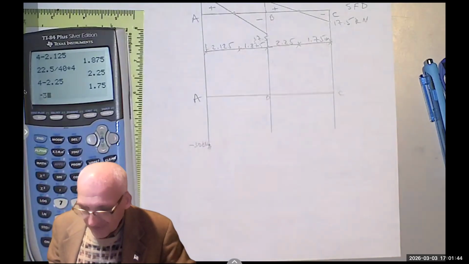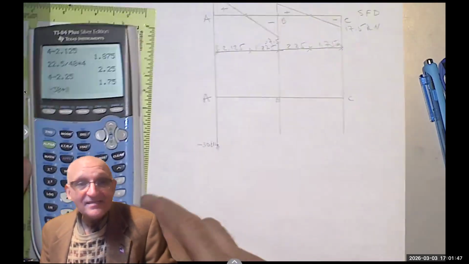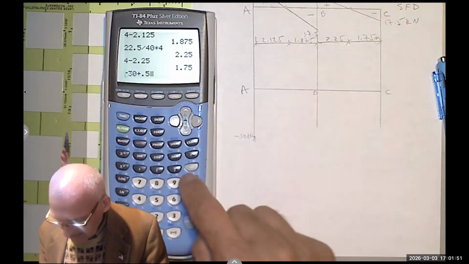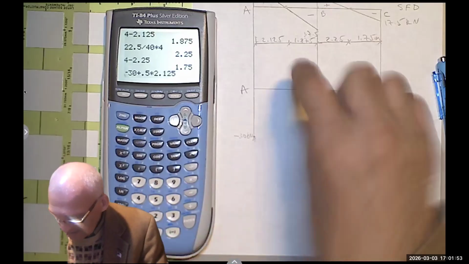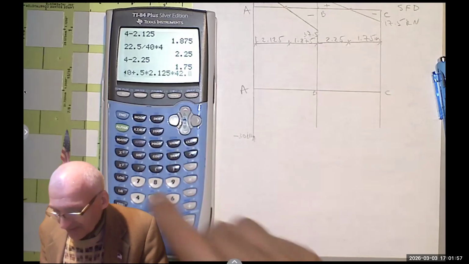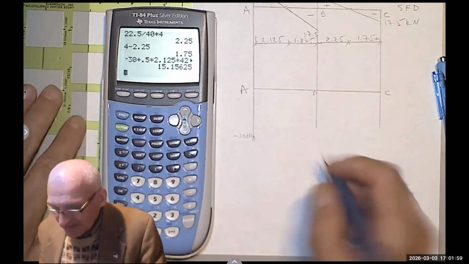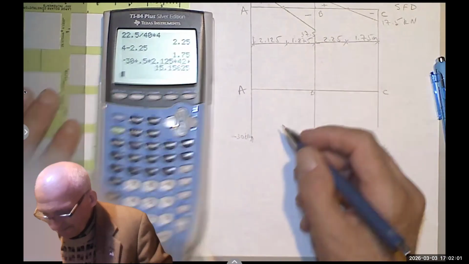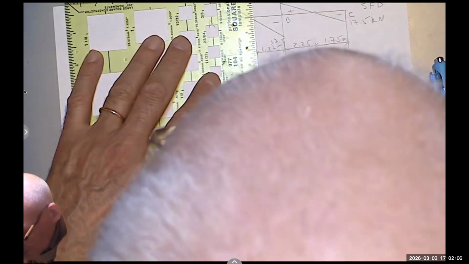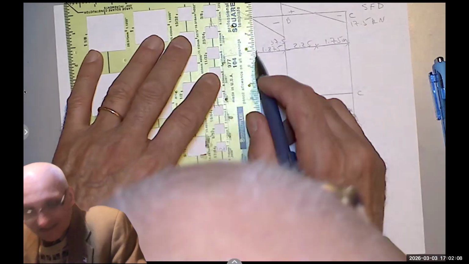So I'm going to say negative 30, and then I'm going to add this area, which is 1/2 times base 2.125 times height 42.5. I will get to negative 15.15625 kilonewton meter.